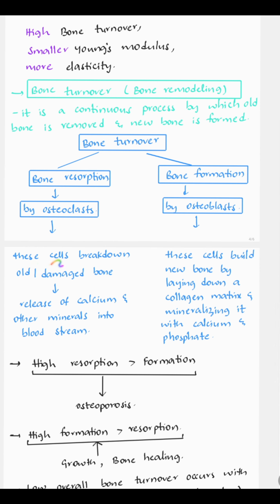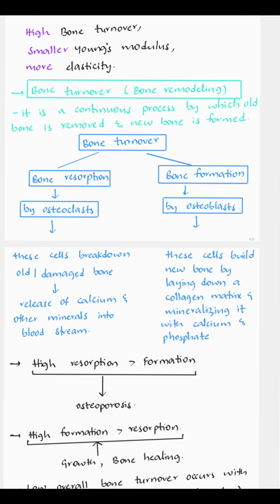These cells, that is, the osteoclasts, break down the old or damaged bone and lead to release of calcium and other minerals into the bloodstream. And in bone formation, the cells build new bone by laying down collagen matrix and mineralizing it with calcium and phosphate.